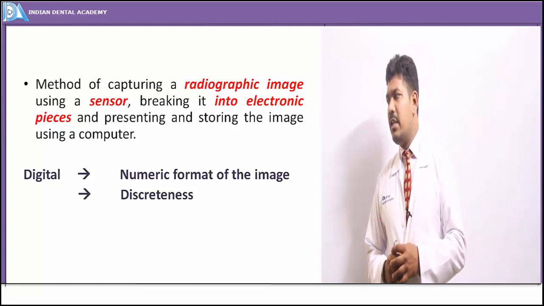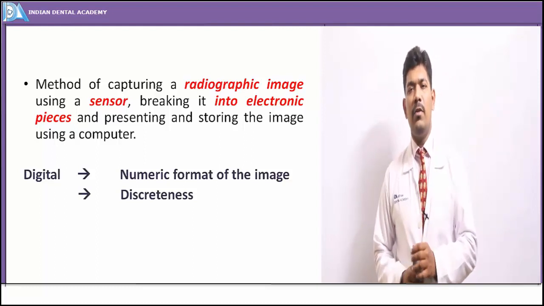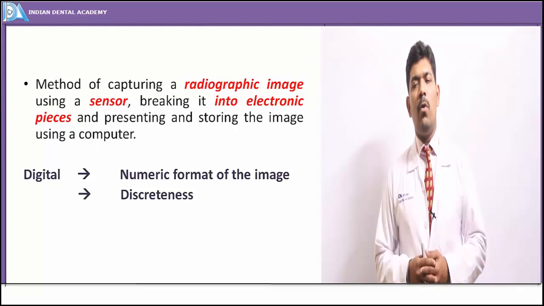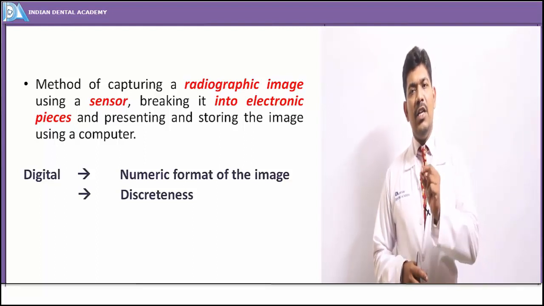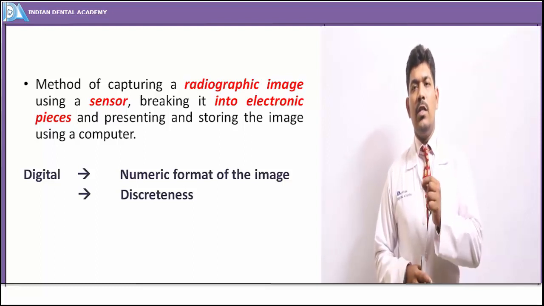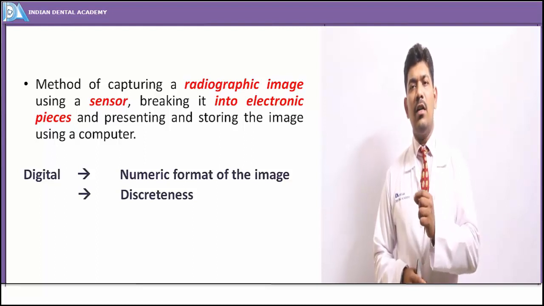So what does this word digital mean? Digital itself means the numeric format of the image. As I told you, the image is broken up into different boxes or pixels, and each pixel is represented by a binary or numeric format, which is directly proportional to the intensity of the lightness or darkness of the image.